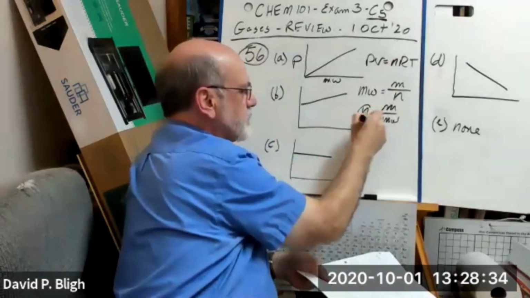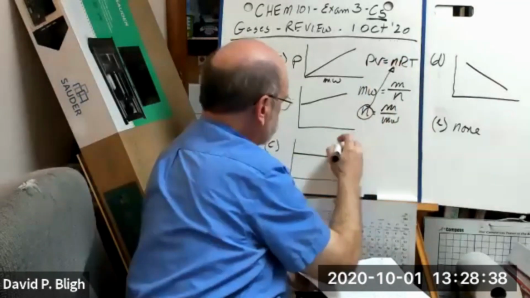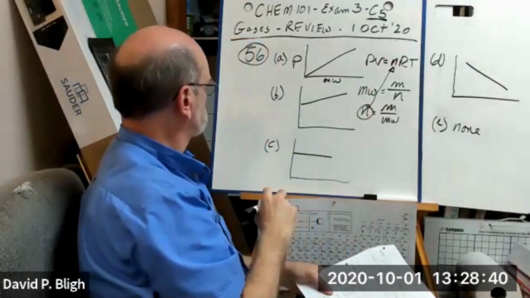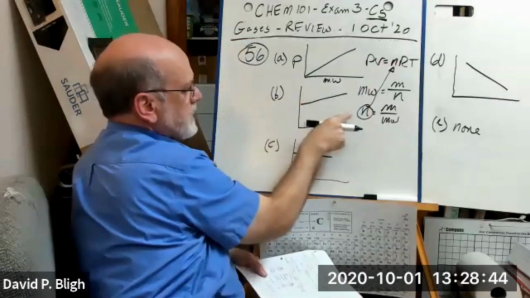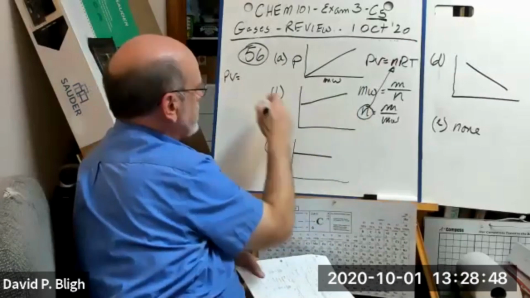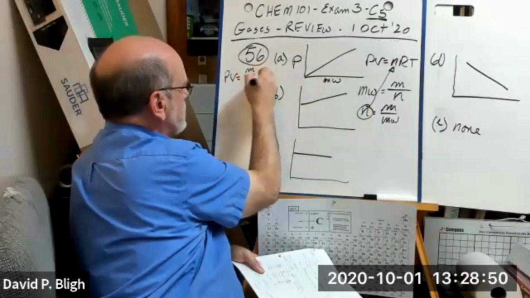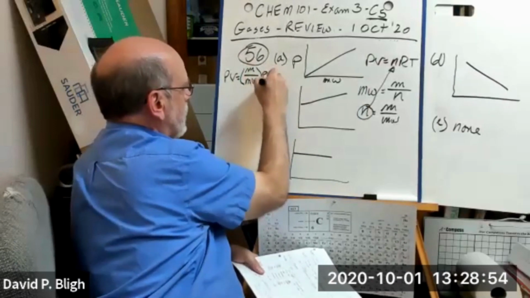Then we can substitute this one in there. So this gives us PV equals, number of moles equals mass over molecular weight, times RT.